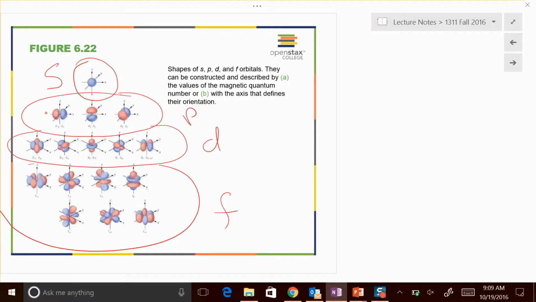Now let me explain something about the periodic table. The periodic table is organized according to the SPD orbitals. If I am in principal energy level 1, and I am in the S sub-energy level, I am hydrogen or helium. Electrons come in pairs. Hydrogen and helium are in the first 2 columns of the periodic table, which are the S's.